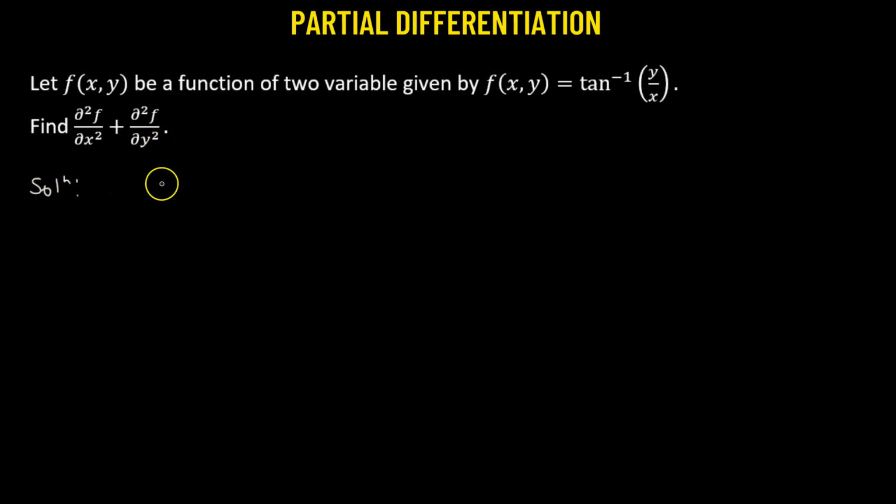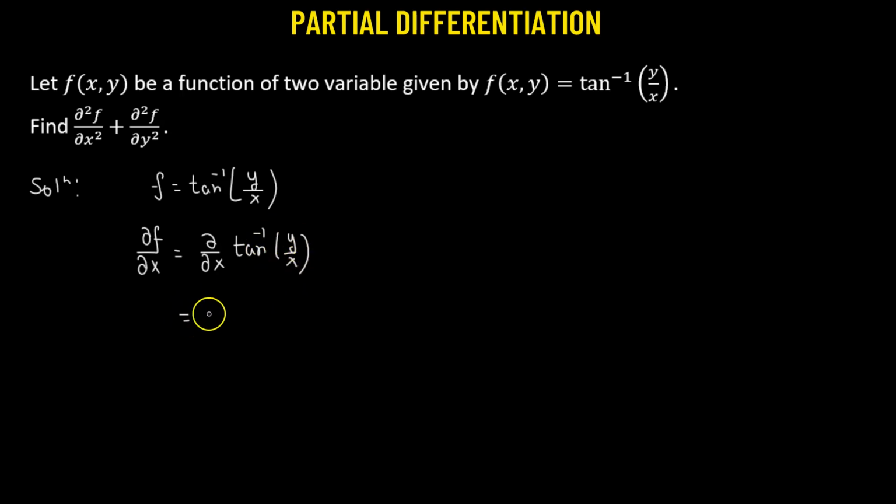So here we are given that our function f is equal to the inverse tangent of y over x. Now we'll take the partial on both sides with respect to x, which will be equal to taking the partial with respect to x of inverse tangent of y over x. So we'll use the derivative of an inverse tangent function.